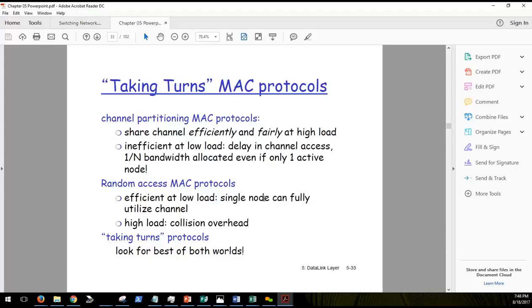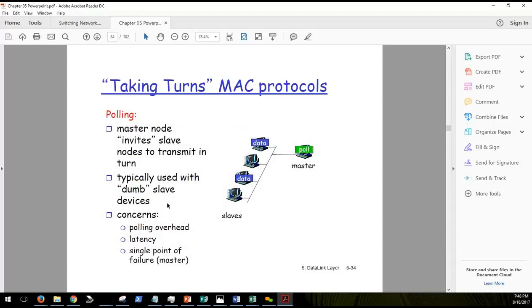So now we're talking about what is taking turns: polling. Think of taking turns just like the classroom, where the master node is the professor. The master node will invite the slave nodes, the students, to transmit in turn.